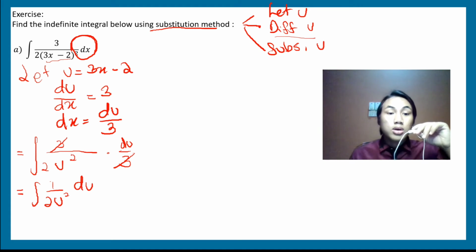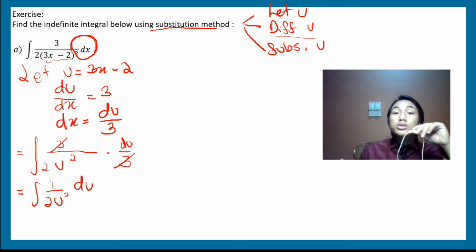Okay, so look, the u squared is in the denominator. So how to do it? You have to let the power be a negative, just like the previous subtopic. So it will be u to the power of negative 2 du. All right. So okay, I will do here.